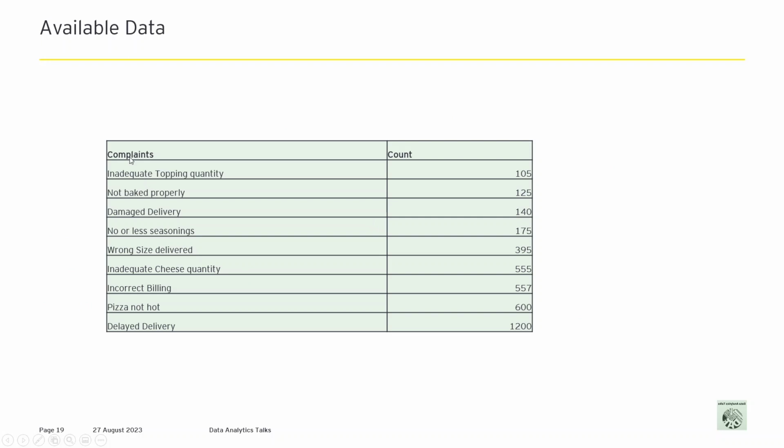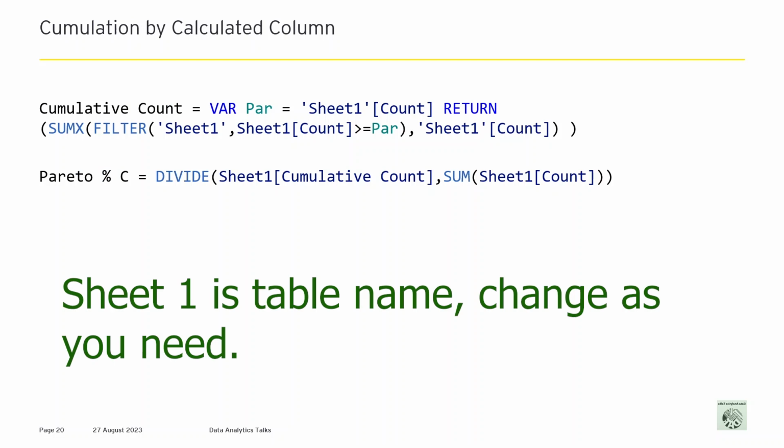You will have to again create another table for complaints, and you can have any complaints, then you can manage any count as well. And you have to create 2 columns for cumulation, like cumulative count. For that, you can use a variable just to get the count, and you need to apply this formula so that it creates an accumulation based on the maximum values.